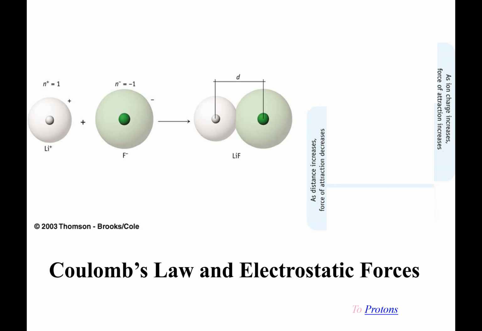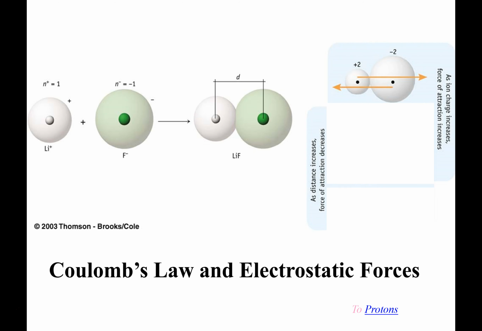I've got a couple of examples here. We'll be talking more about ions. Here I have a lithium atom that has lost an electron and a fluorine atom that has gained an electron, and here I have an attraction between these ions.